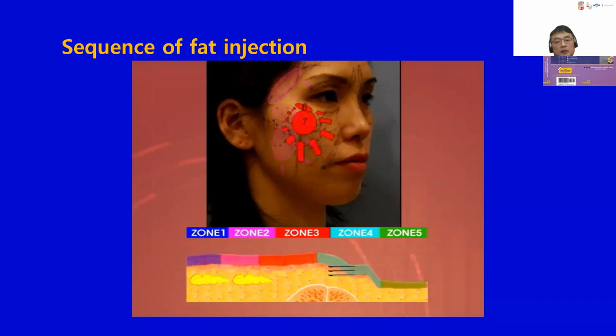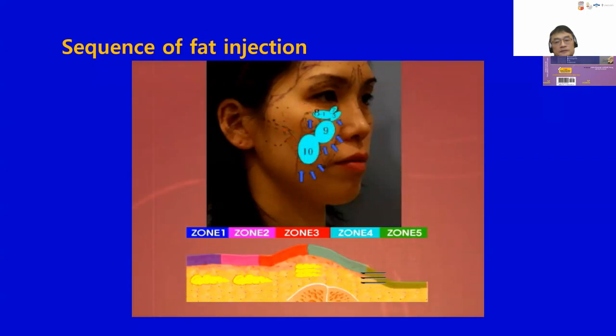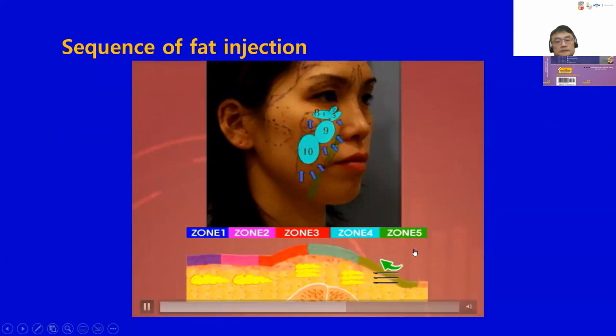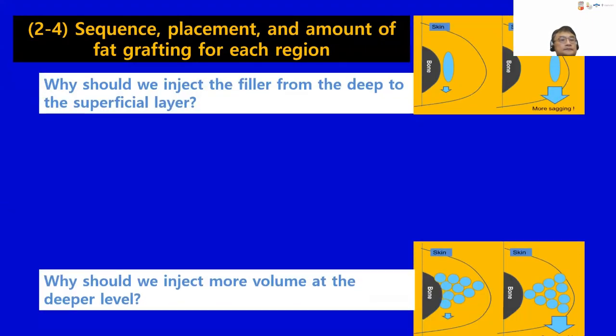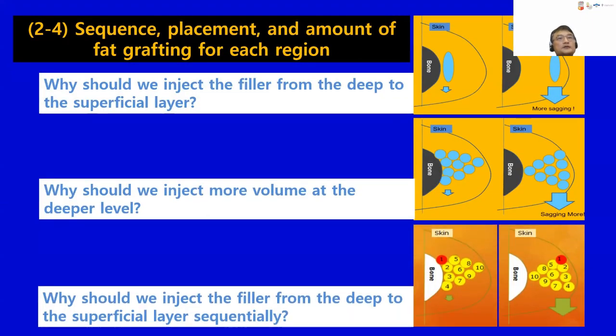Volume increases in the upper part, and the lower part of the skin and soft tissue will lift up by the volume augmentation. This photo shows the sequence of placement and amount of fat grafting for each lesion.